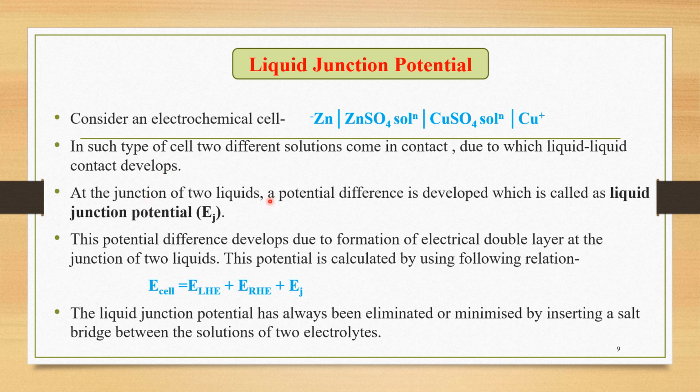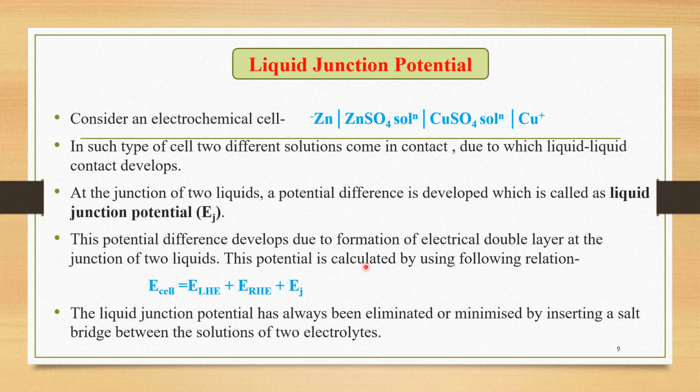At the junction of two liquids, a potential difference is developed, which is called the liquid junction potential, represented by E_J. This potential difference develops due to the formation of an electrical double layer at the junction of two liquids.